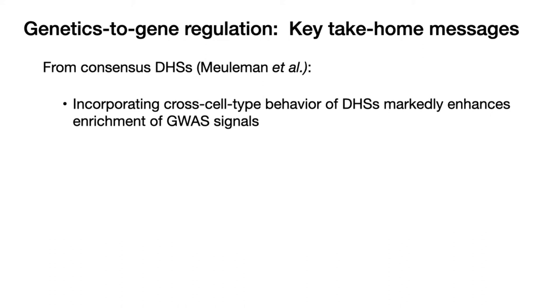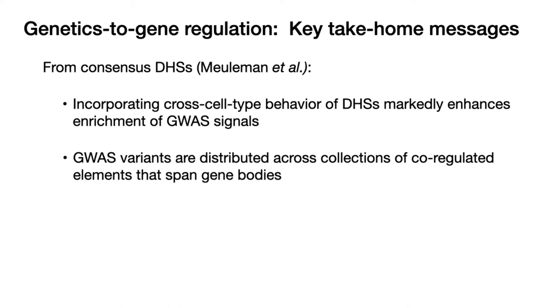Wouter will be talking later about a technique to capture the biological behavior of DNase hypersensitive sites and to summarize those in regulatory components that can then be used for a variety of powerful analyses. One of these reveals that GWAS variants are distributed across collections of co-regulated elements that span gene bodies. So this is a fundamentally different paradigm than current thinking around individual elements, that there are individual variants that may be acting alone.